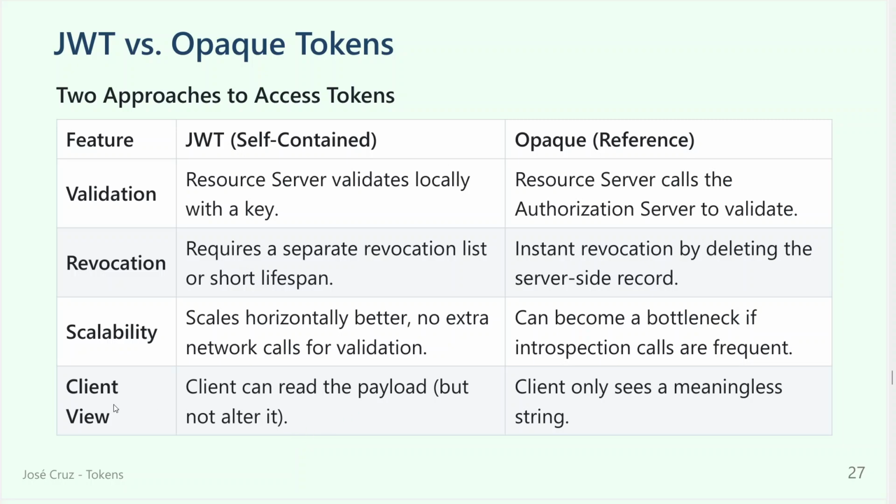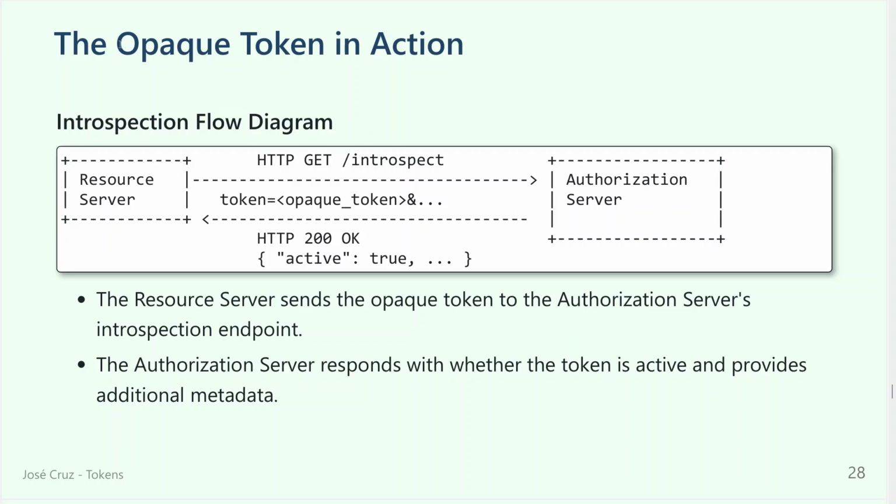Okay. From the client's point of view, with the JSON Web Token the client can read the payload because all the attributes are there: user email, not the password, the roles, and all the attributes that are necessary. With the opaque token, the client only sees a meaningless string like an ID. So how does it work? The opaque token in action, if you are a more visual person: I have the resource server, and it calls an endpoint, usually called Introspect.